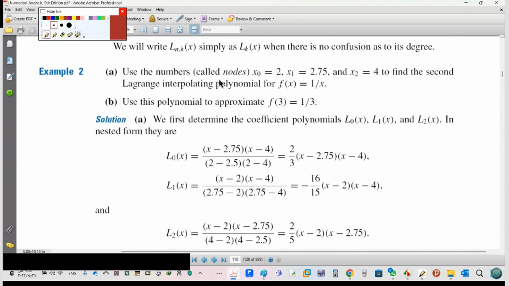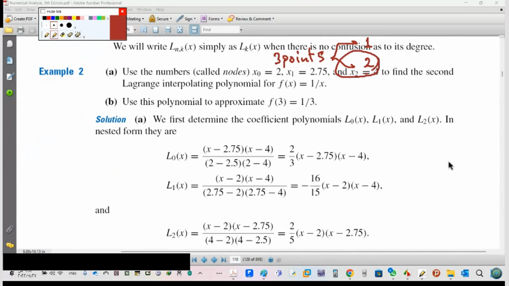Use these nodes: x0 is 2, x1 is 2.75, x2 is 4. So in this example, we have 3 points. So I can make a formula of degree number 1 or degree number 2. Now let's focus on degree number 2, and after that we return to degree number 1.